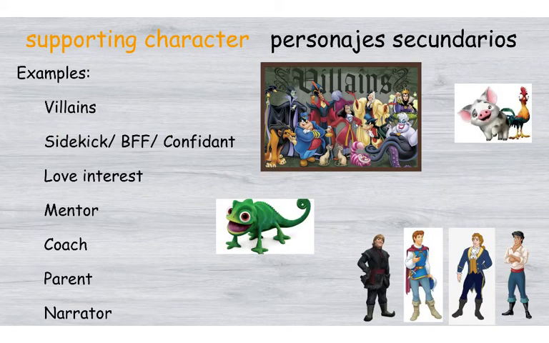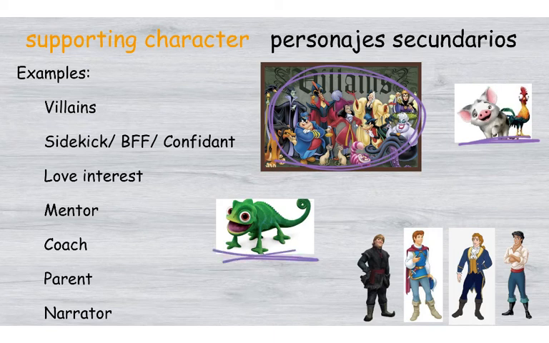So here's some more examples of supporting characters. We have villains. They are usually important to the story, but again, the whole thing isn't about them. Usually. Sometimes it is. We have Heihei and Puaa from Moana. Again, they're friends with Moana, and they are with her, but the whole movie isn't about them.